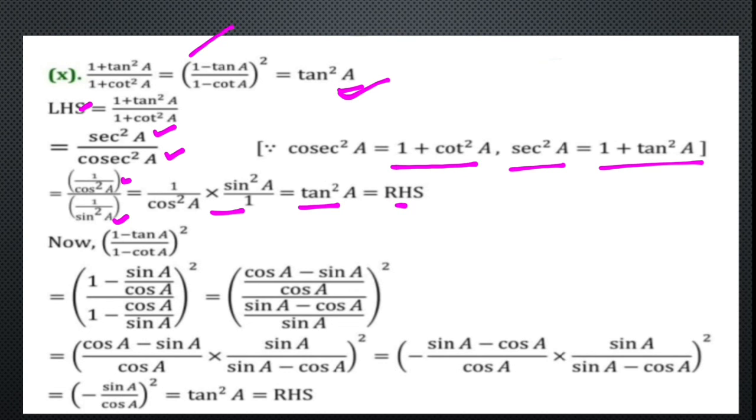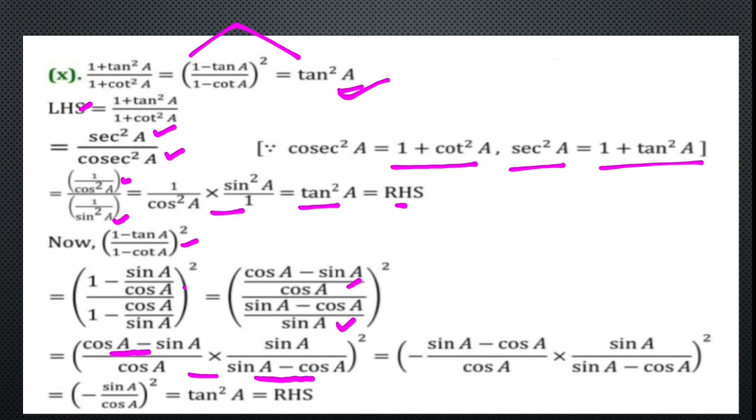Now you have to equate the second part with the third part. Again start with the second part, 1 minus tan a by 1 minus cot a whole square. Tan a can be written as sin a by cos a. Cot a can be written as cos a by sin a. Do the general subtraction, and do the division, the reciprocal. As you can see, this term and this term are the same.